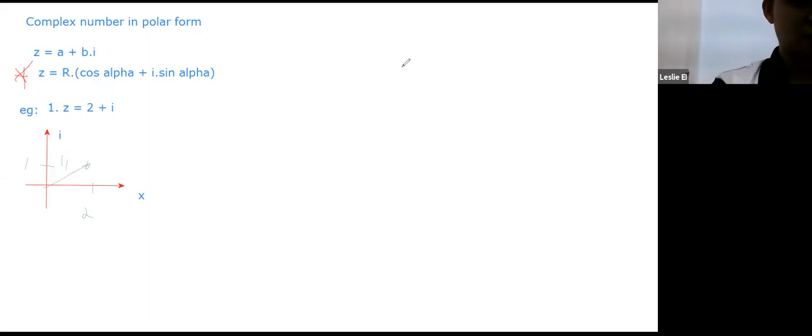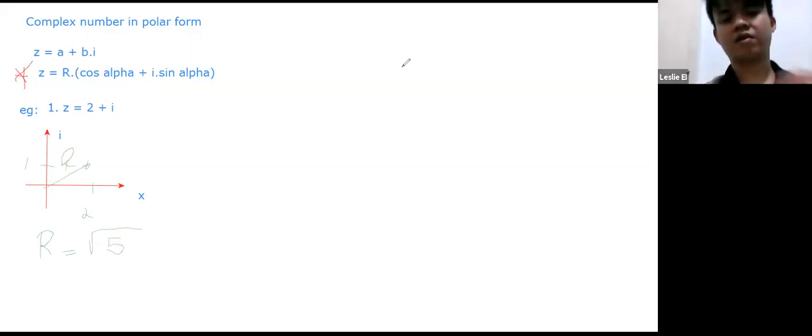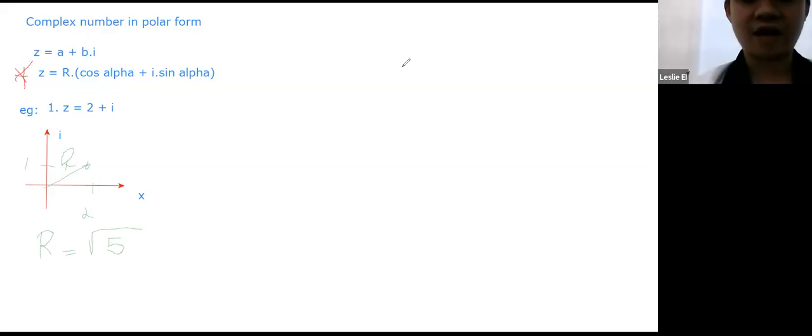Let's call this line that I draw r. How do you find r? Square root of what? If I say square root of 5, you understand? It's the square root of x squared plus y squared. For the y, we only take the coefficient of i. I repeat, for the y, we only take the coefficient of i. So we got root 5 there.